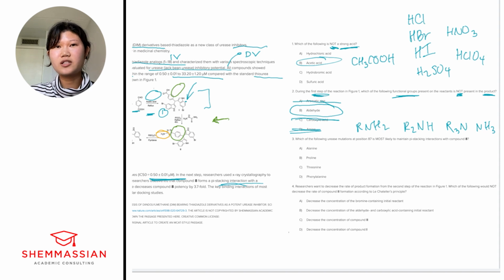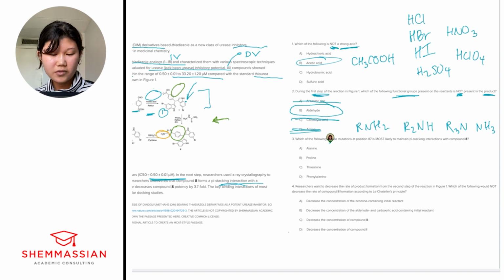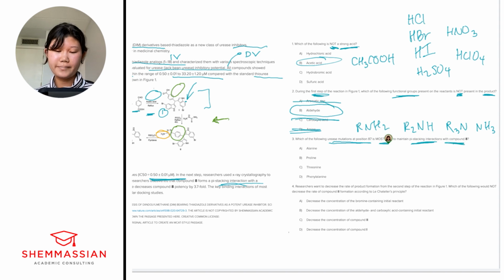So this one requires a little more thinking, but not to worry. If we go with our strategy of picking out keywords, figuring out if it's passage related or knowledge related, or both, and eliminating answers, we can figure this out. So the keywords would be urease mutations at position 87, pi stacking interactions with compound 8.